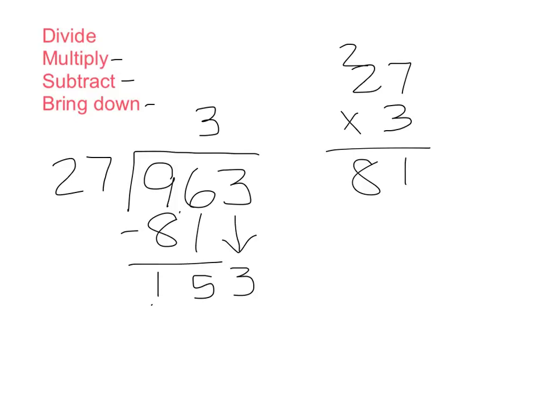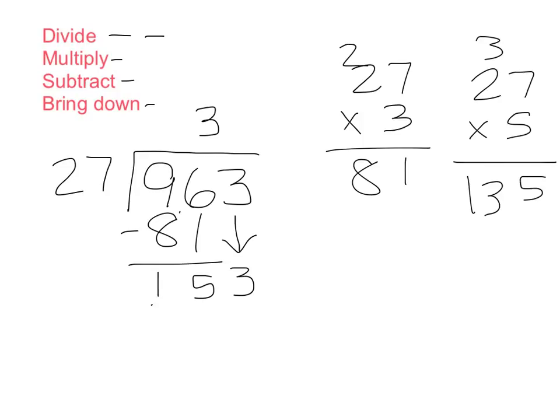Now I divide again, go back to step 1. Divide 27 and 153. But I'm thinking of this as 30. And so how many 30s in 153? Or how many 30s in 15? How many 3s in 15? There's about 5. So off to the side, I'm going to try 27 times 5. It's 135.